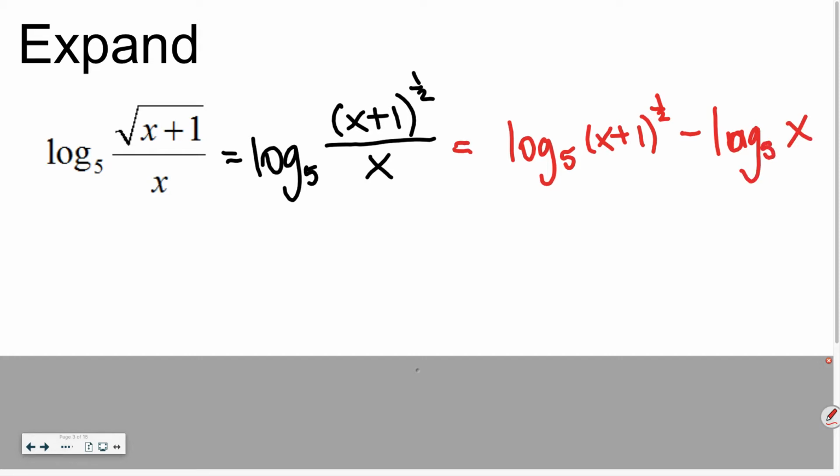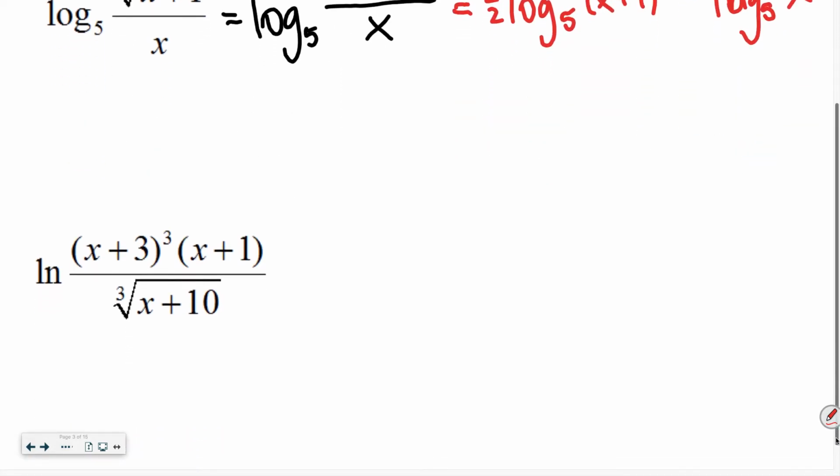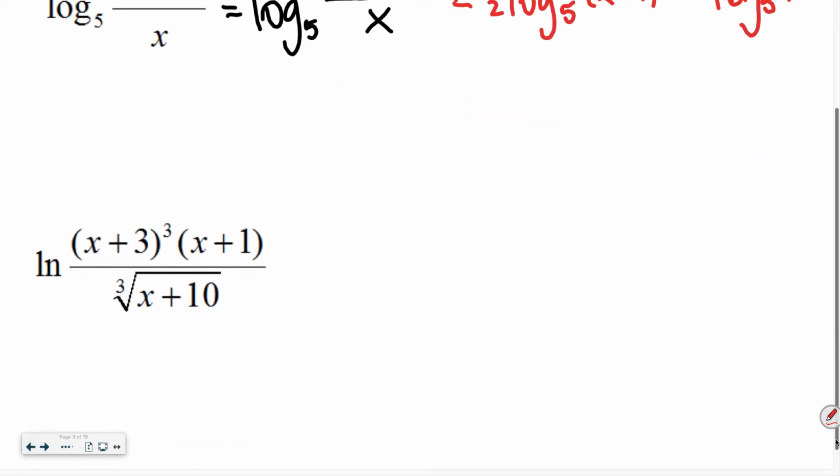And since there's a power inside, we can throw it out in front. To give you some confidence before we start our calculus, please expand that one for me.